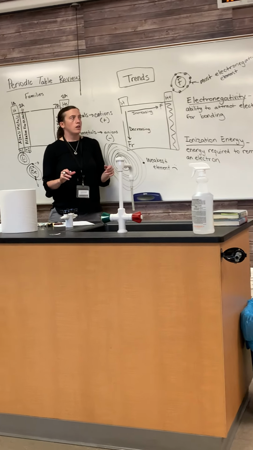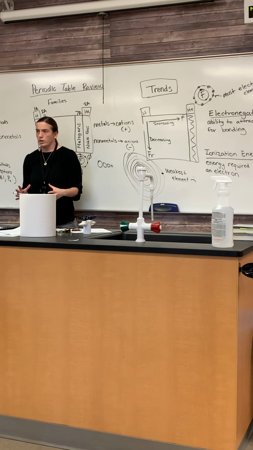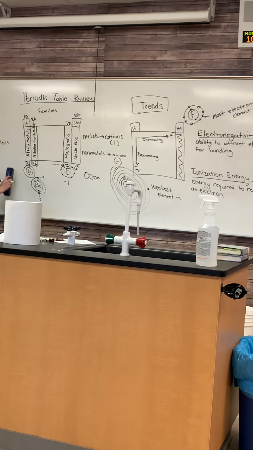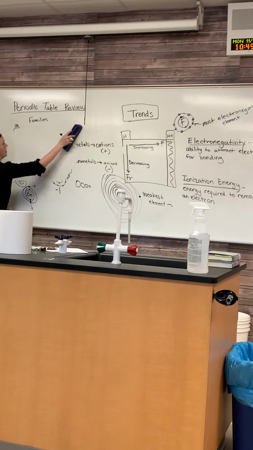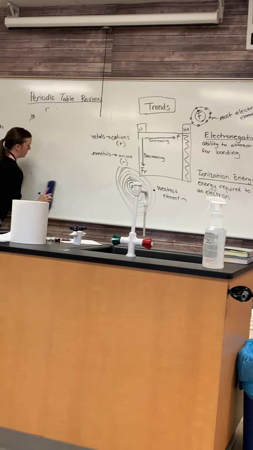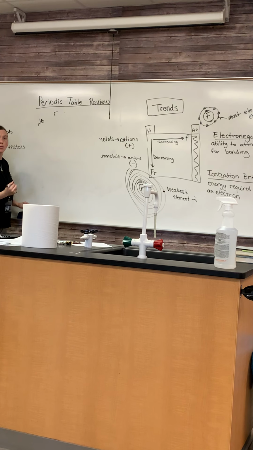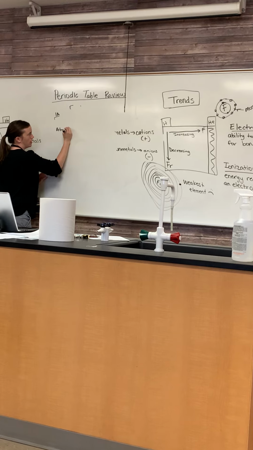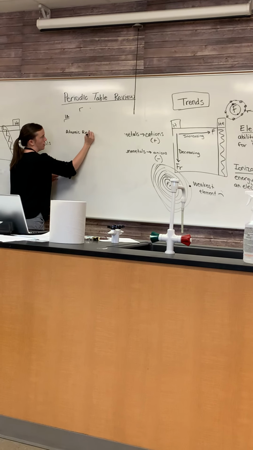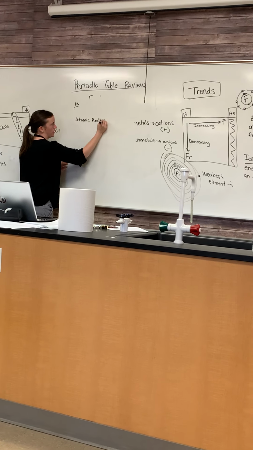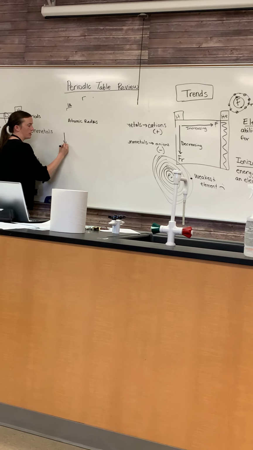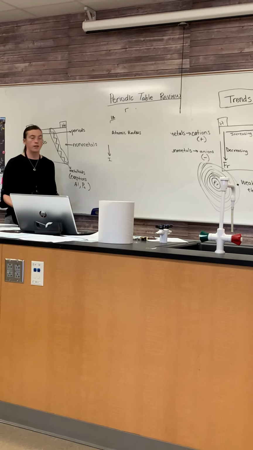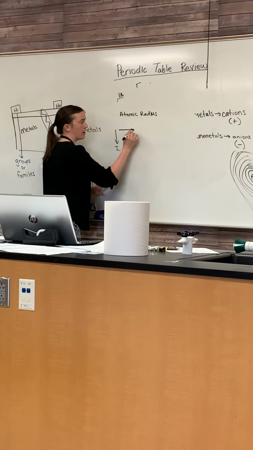Okay? So when it comes to the trends, my biggest suggestion is if you can remember that the atomic radius is increasing as it's going down because it's getting larger, that means this arrow is the opposite.